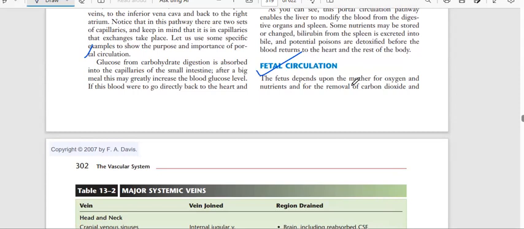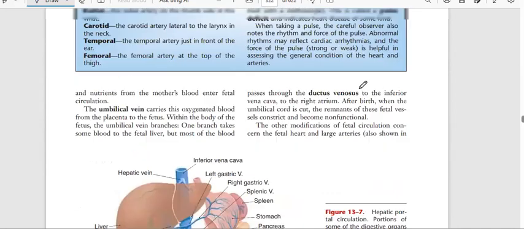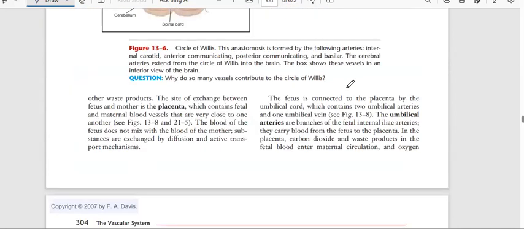So how do the circulation, the nutrition, and the development of the fetus occur? The fetus depends upon the mother for oxygen and nutrition, and for the removal of carbon dioxide and other waste products. So the thing that helps the fetus to develop is the placenta.